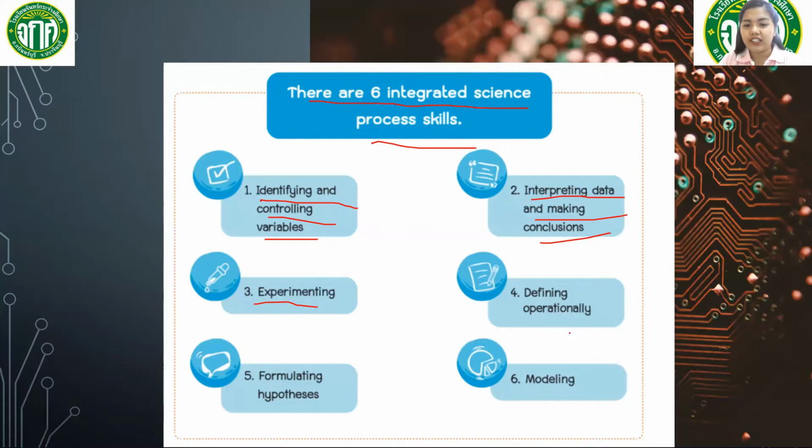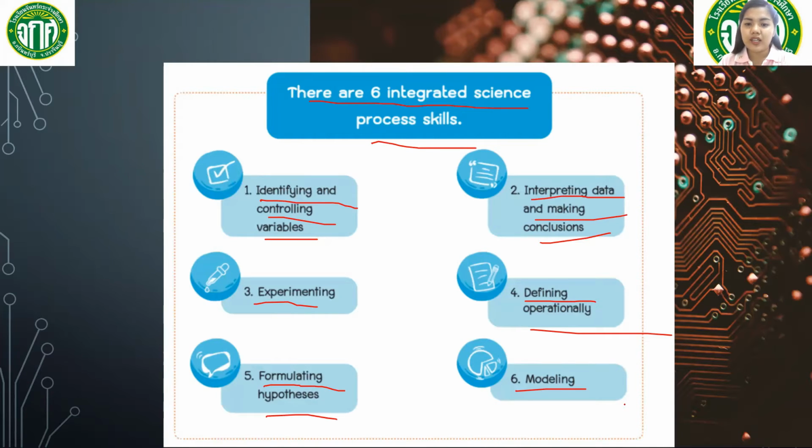Number 4, defining operationally. Number 5 is formulating hypotheses. And number 6, the last one, is modeling. Those are the 2 groups of science process skills.